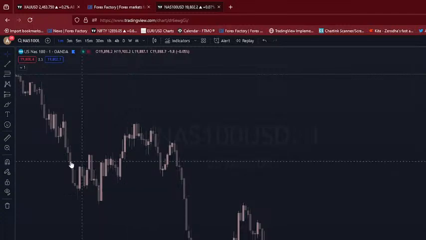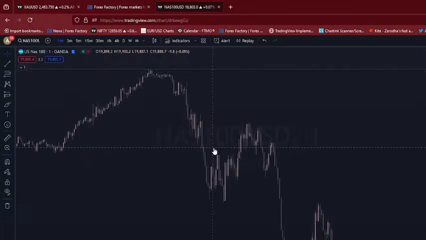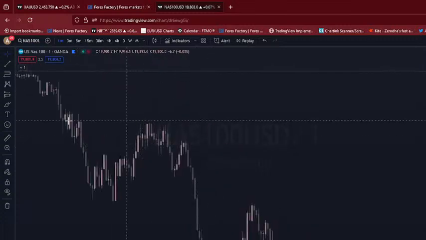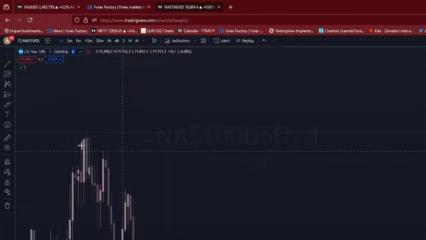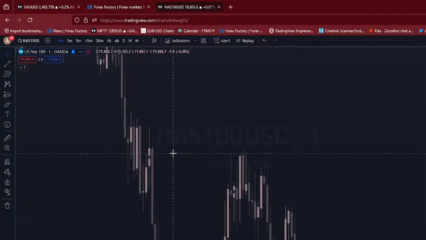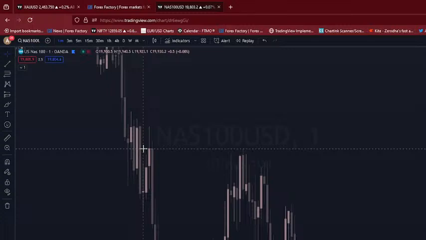I entered at this level with the target at this high, but it didn't come because, you can see, this supply zone didn't break. If you want to see thoroughly, look at this. See the zone, see the open.